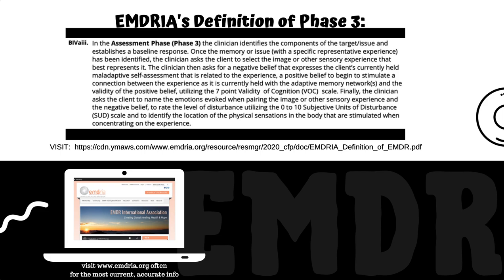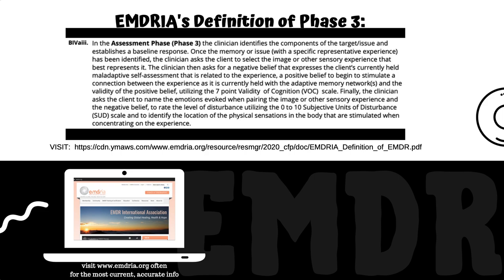The clinician then asks for the negative belief that expresses the client's currently held maladaptive self-assessment that is related to the experience, a positive belief to begin to stimulate a connection between the experience as it is currently held and the maladaptive networks, and the validity of the positive belief utilizing that 7-point validity of cognition VOC scale.